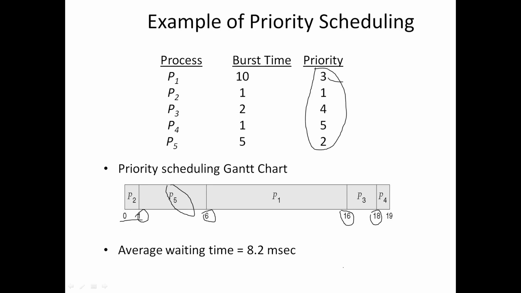So we have: for P1 it is 6, P2 it is 0, for P3 it is 16, P4 it is 18, and P5 it is 1.